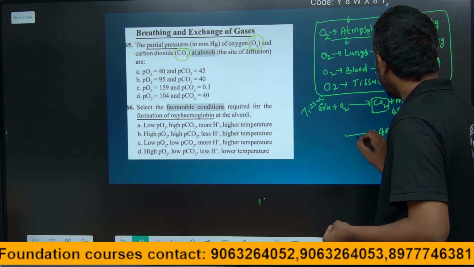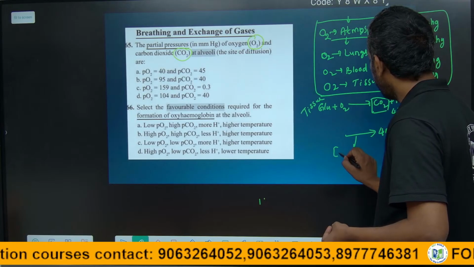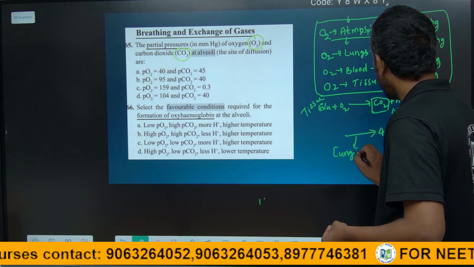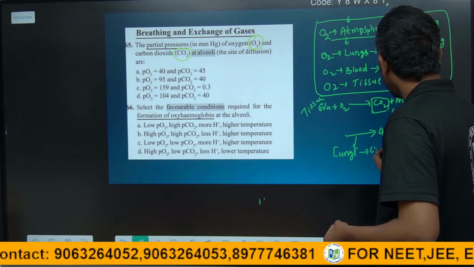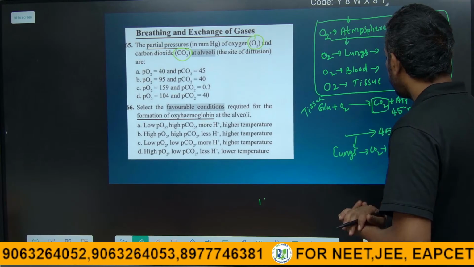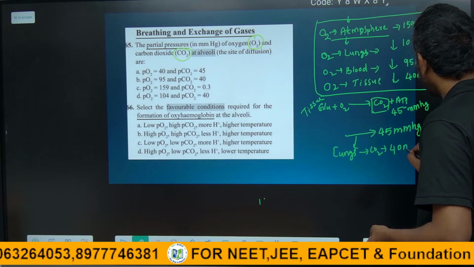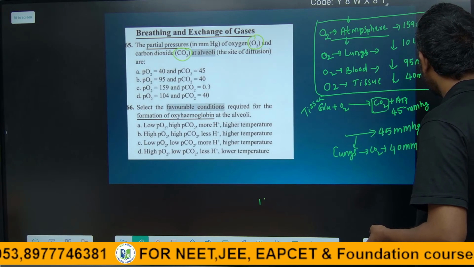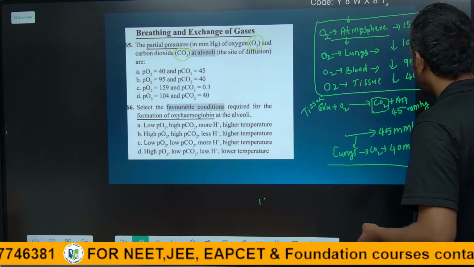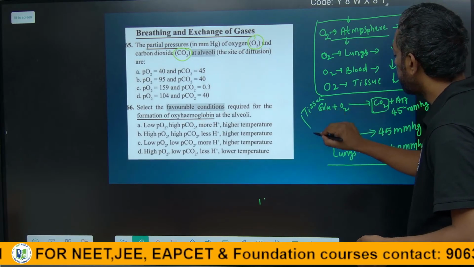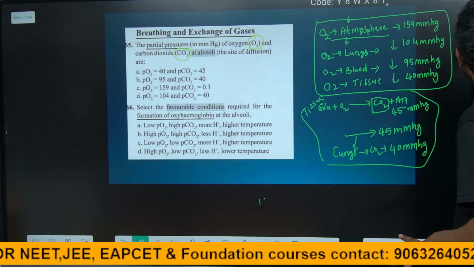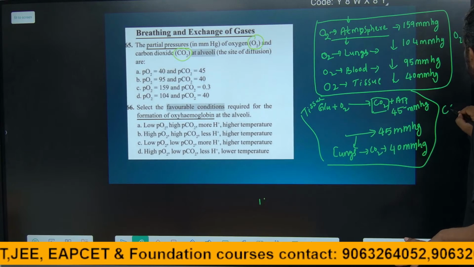Deoxygenated blood finally reaches the lungs, where the partial pressure of CO2 decreases to 40 mmHg. This is about O2, this is about CO2.